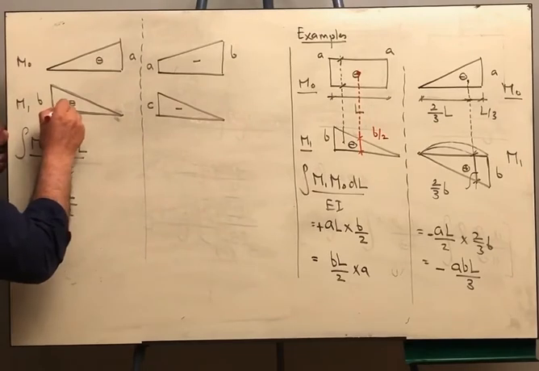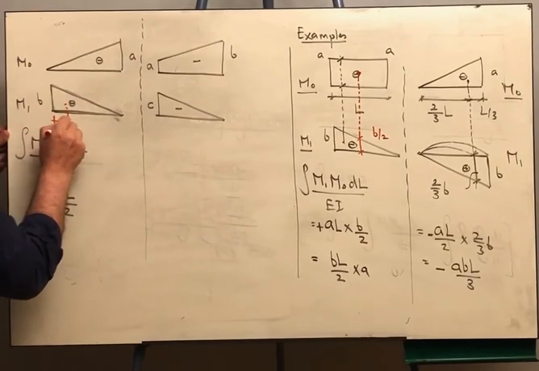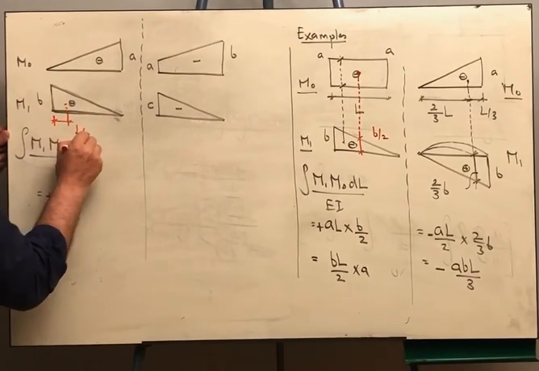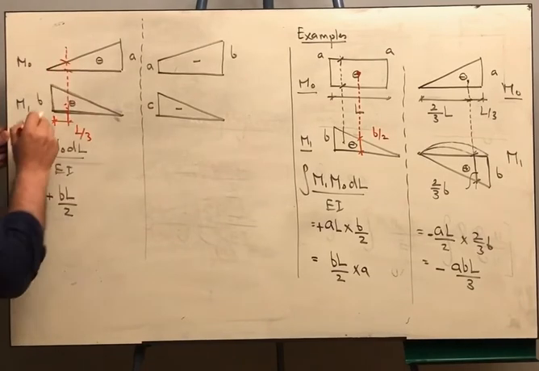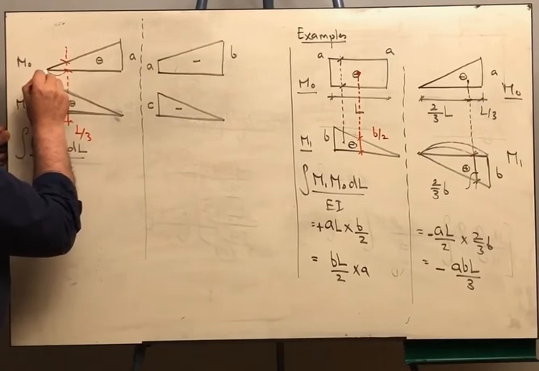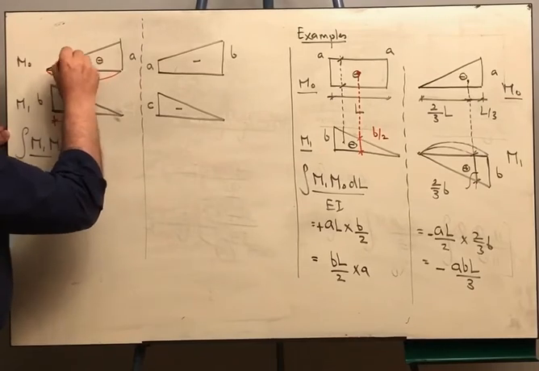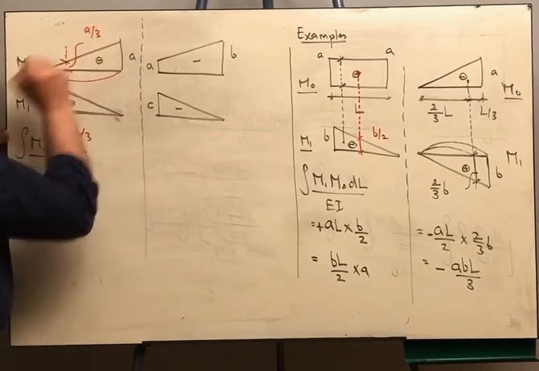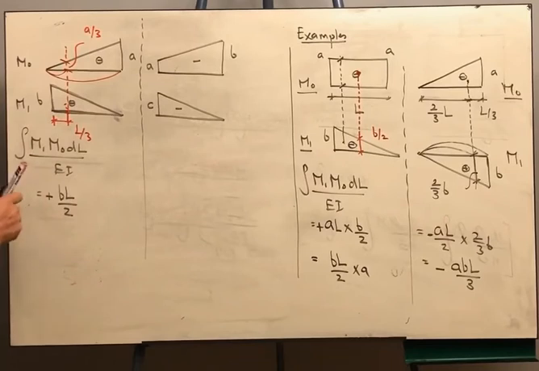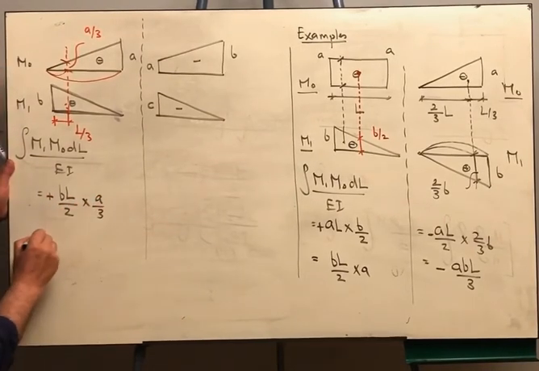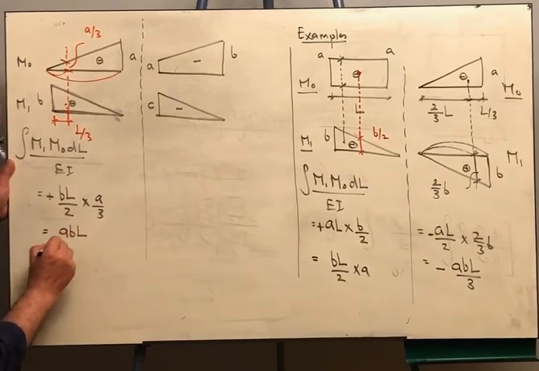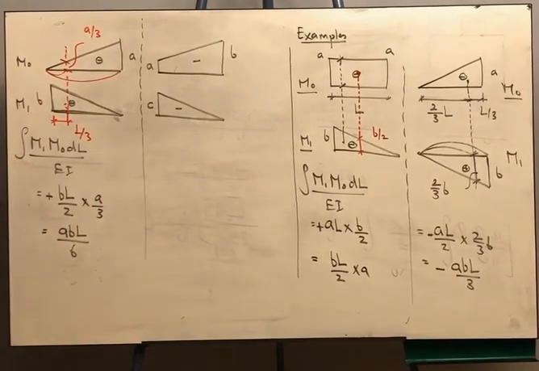The centroid is here. It is at a distance of L over 3. So we want to get the respective ordinate. This is L over 3 and this is L. So therefore this should be A over 3. So the respective ordinate here is multiplied by A over 3. So this is ABL over 6.